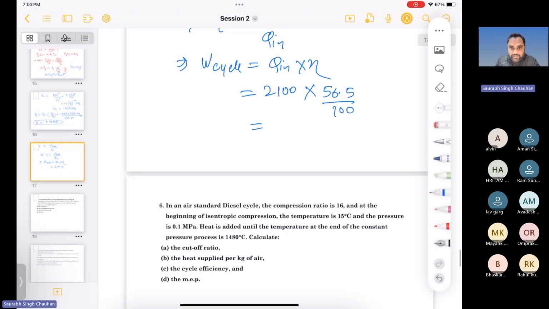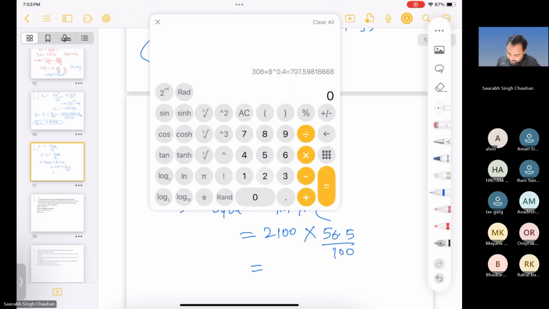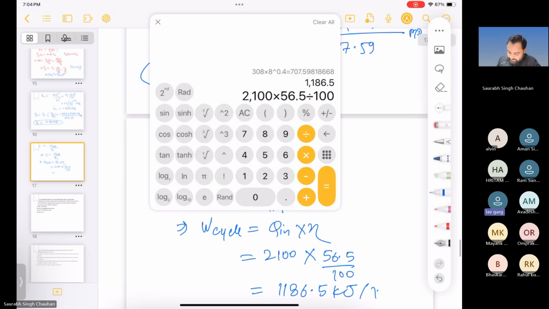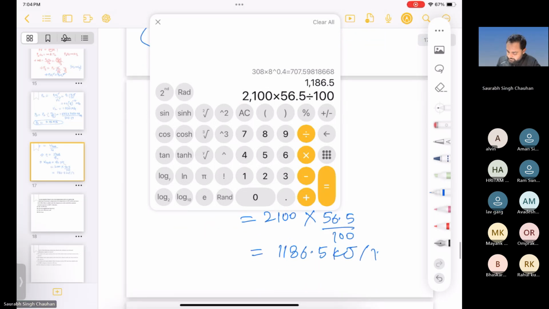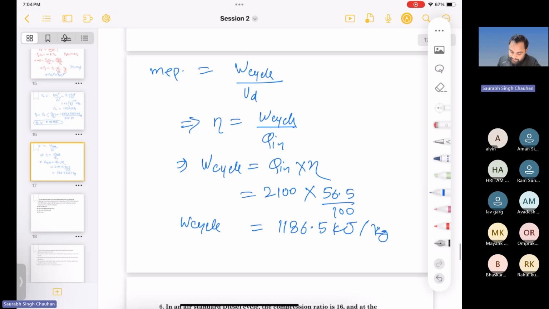So work output will be 2100 multiplied by 56.5 divided by 100, which is 1186.5 kilojoule per kg. So this is our work output of the cycle.